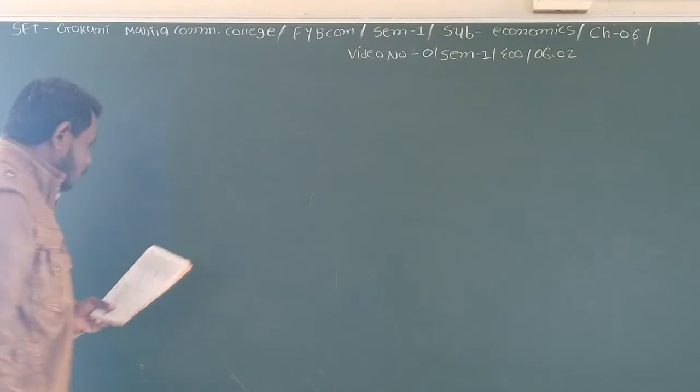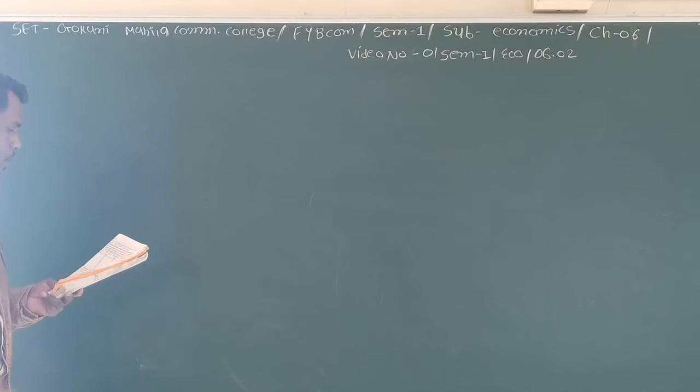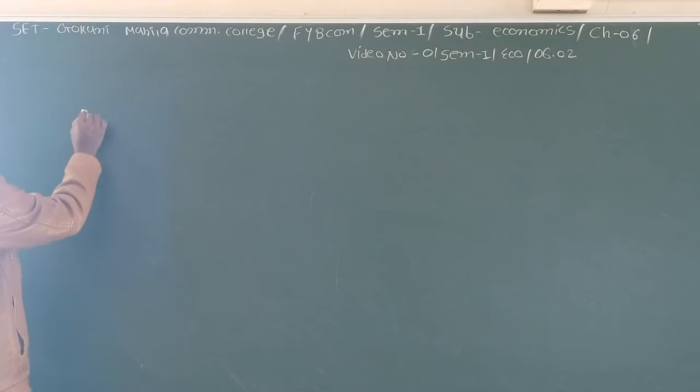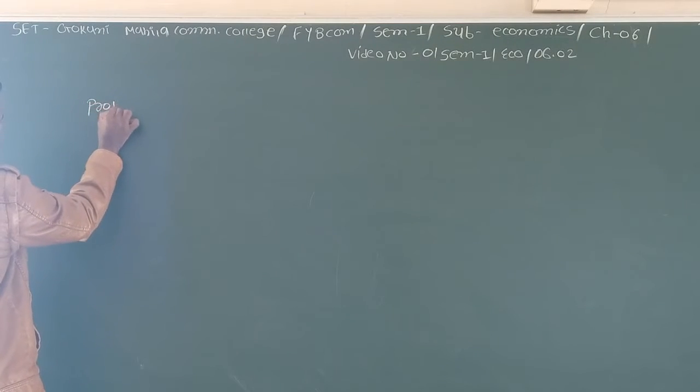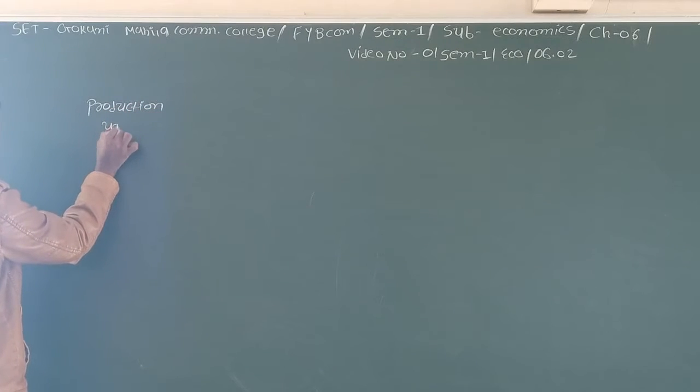So first of all, in your book on page number 137, the first column given is production unit.